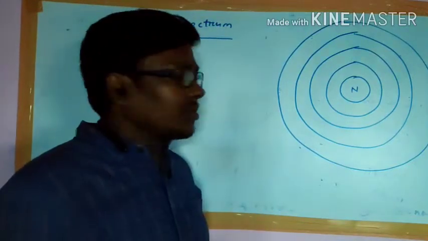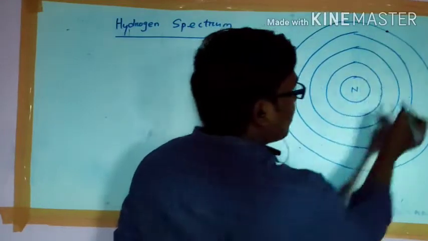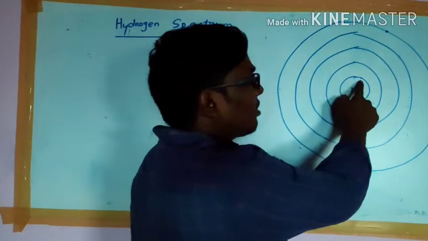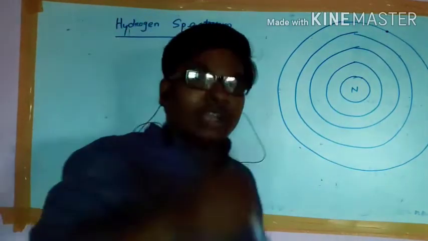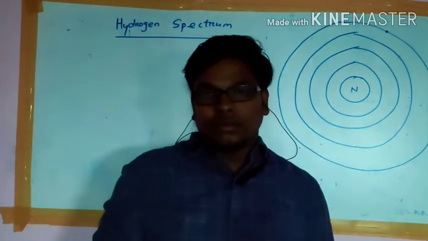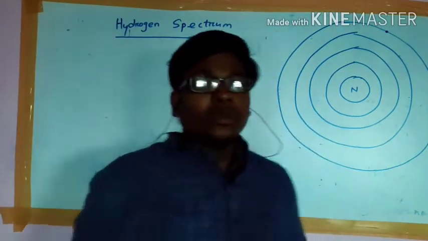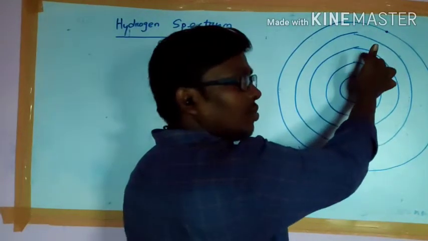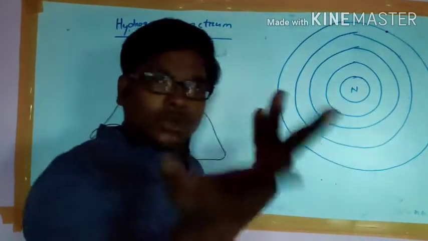We can continue this. When an electron jumps from any higher orbit to a lower orbit, maybe the first orbit, second orbit, or third orbit, energy is released in the form of radiation. But it depends whether the electron is jumping from orbit 3 to orbit 1, or 3 to 2, or 4 to 1, or 4 to 3 or 2.